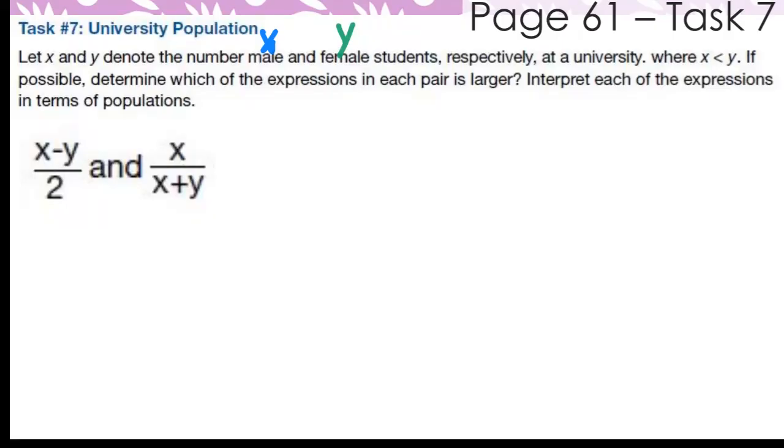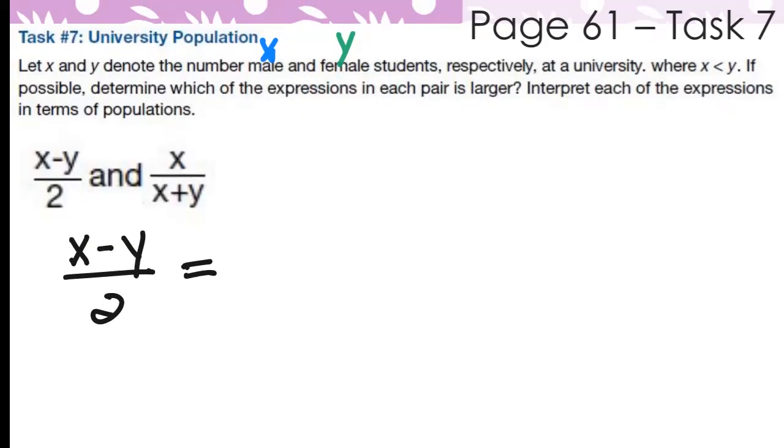So the first one is (X minus Y) divided by 2. Now, what is this representing? What does it mean in terms of the population of male and female students?